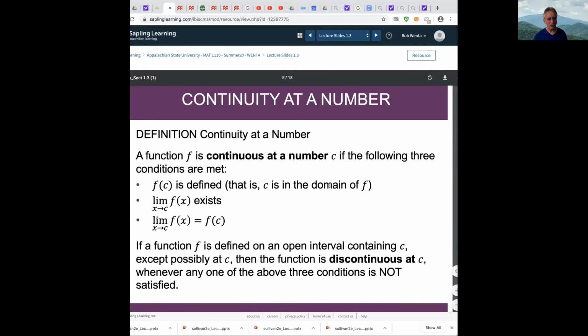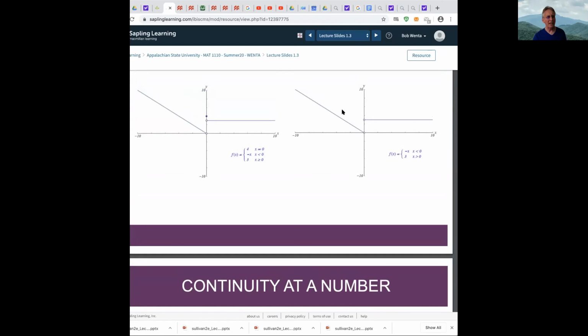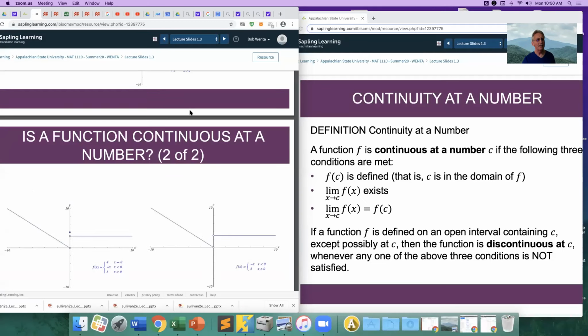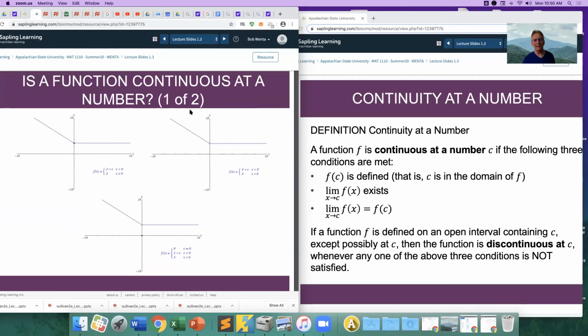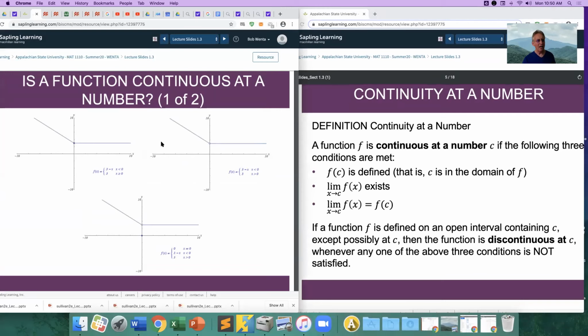Let's go back up here. Let me put the rules side by side beside the graphs of those three that we were looking at. Now I think you're in a position to see that by looking at this.